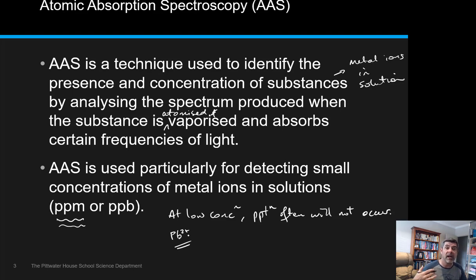So we could try a precipitation reaction, say, well, there's no precipitate forming, and so therefore there are no lead ions. And in actual fact there are lead ions, they're just not enough in the solution to form the precipitate. So this technique allows us to detect very small concentrations, particularly of these sorts of metal ions that could have a damaging or detrimental effect if we find them in our environment.